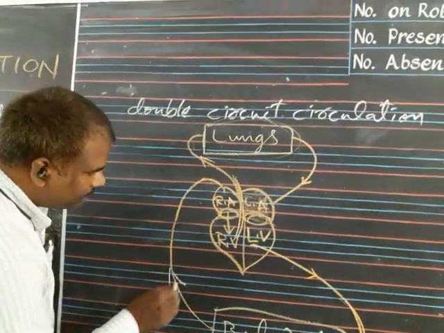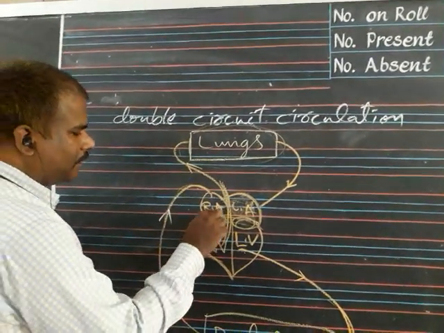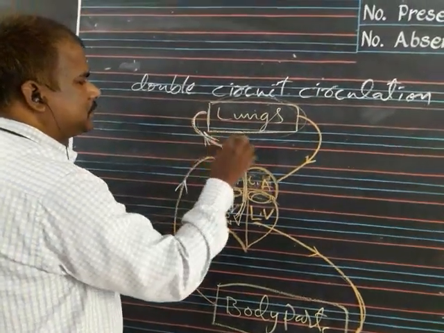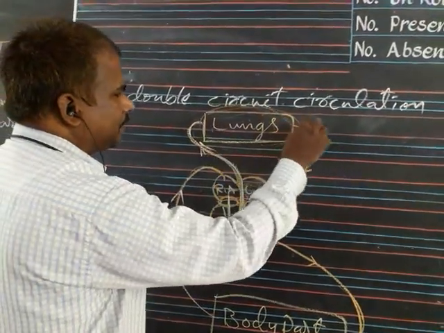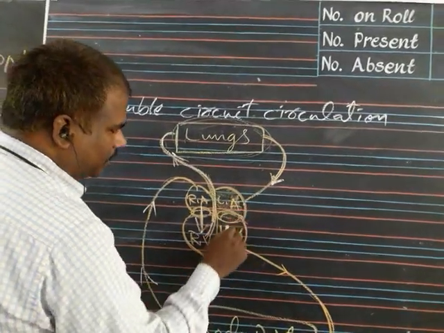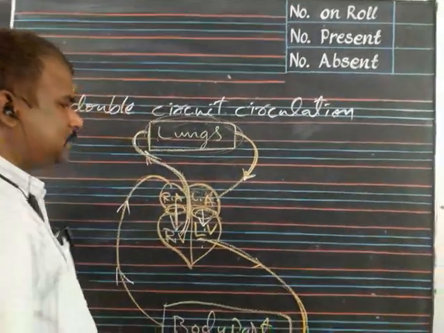From the body parts, blood returns to the right auricle, then to the right ventricle, then to the lungs. After purification, it moves to the left auricle, to the left ventricle, and to the body parts.